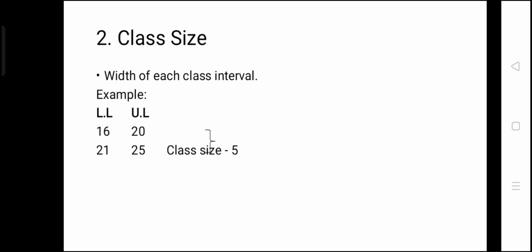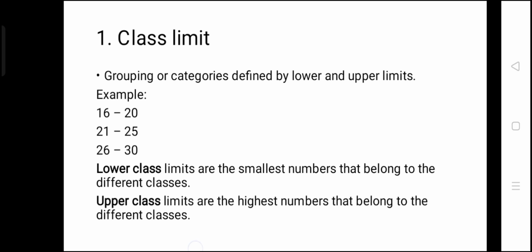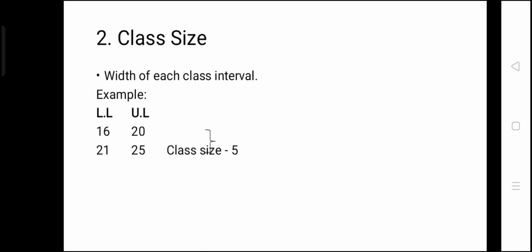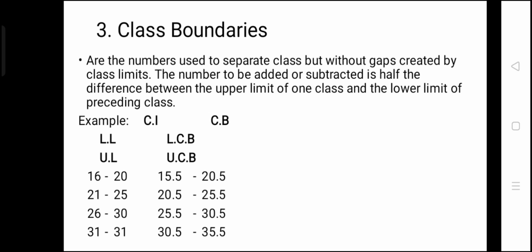So for example, we have 16 to 20. Imo ra siya i-count. 16, 17, 18, 19, 20. So ang class interval niya kay 5, kada usa siya ganang gisukdan bitaw.